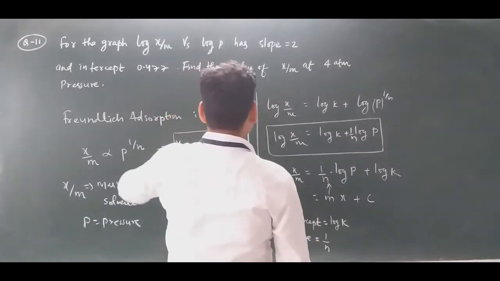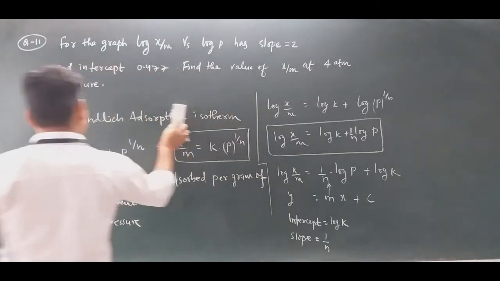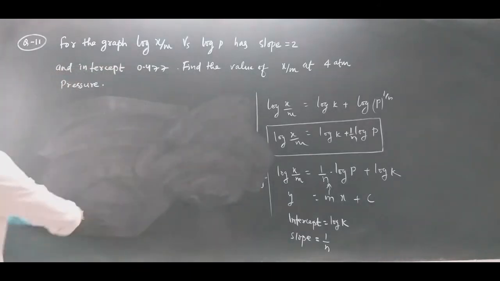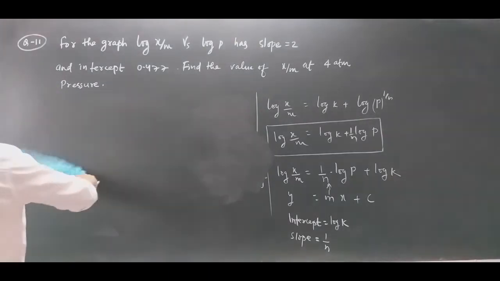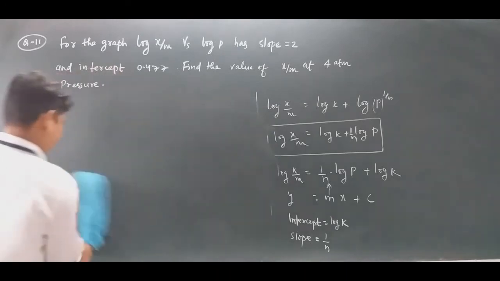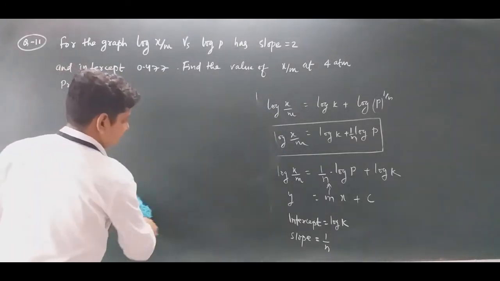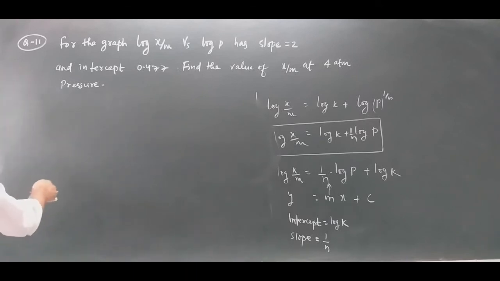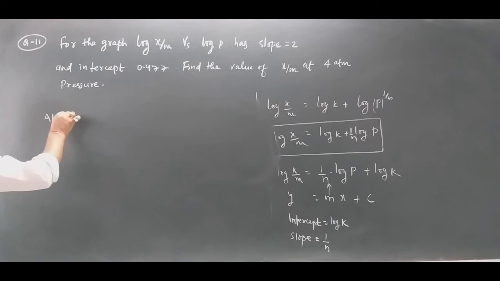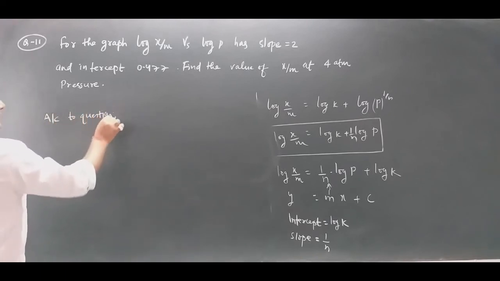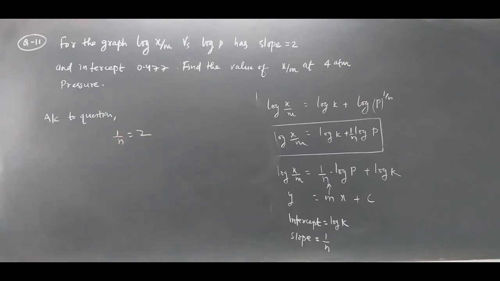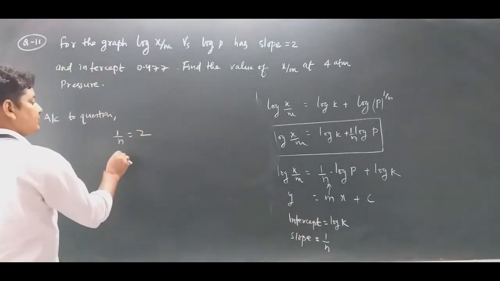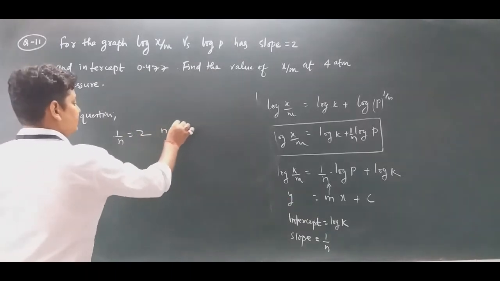Now according to the question, the slope is 2, so 1 by n is 2, meaning n is equal to 1 by 2.